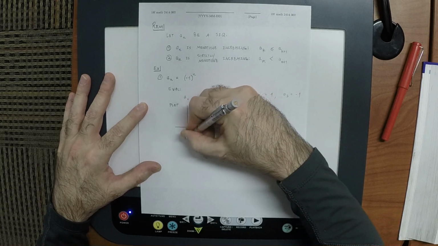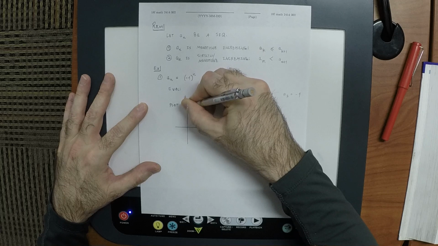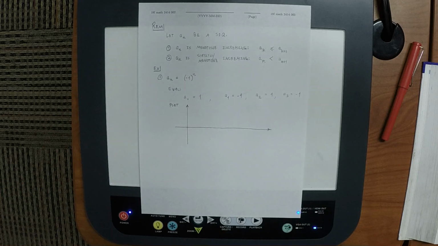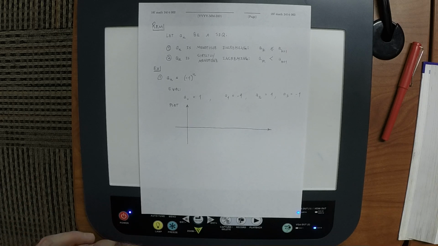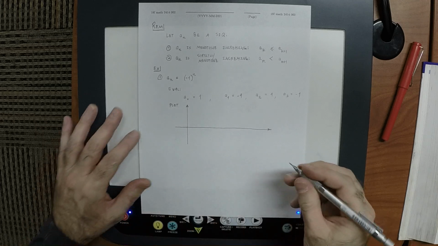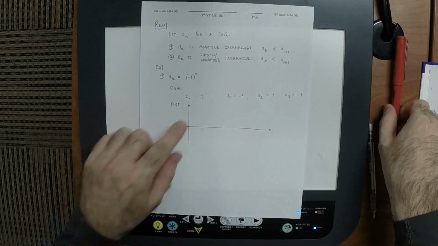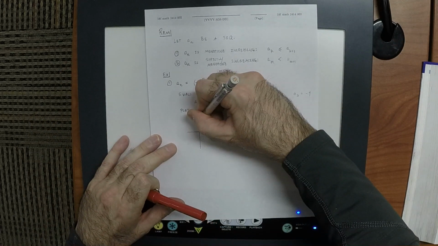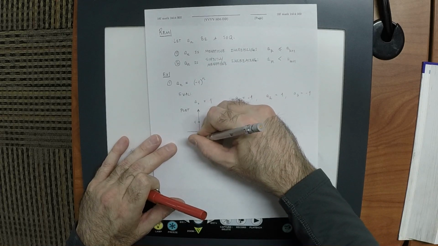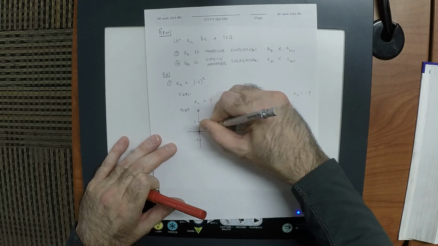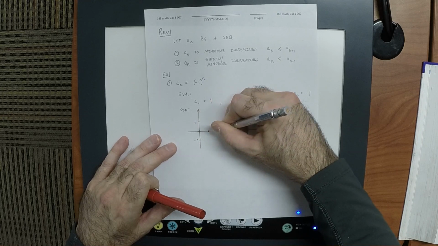notably, a sequence is a function, and what is its domain? Just the naturals, right? So it's only defined on the naturals. So when you draw it, it's not going to be a curve. Okay, it's going to be discrete points. So it goes from 1 to -1. So if that's height 1 there, and this is height -1, then that means I need a definition there, and there, and there.